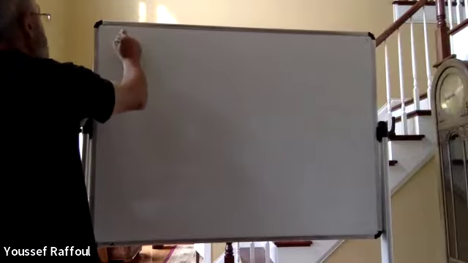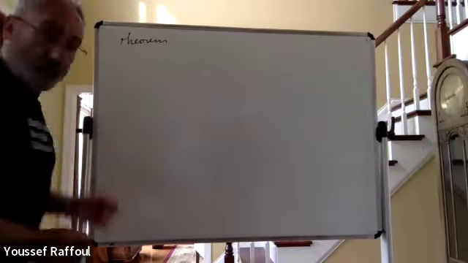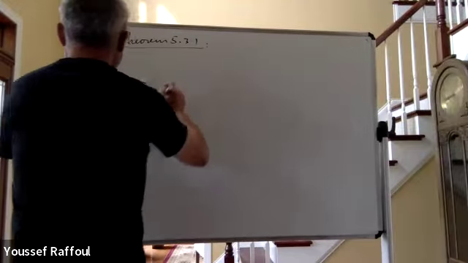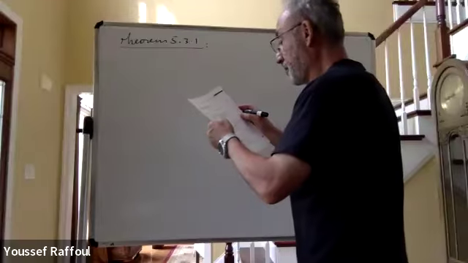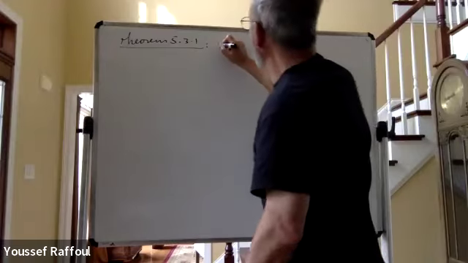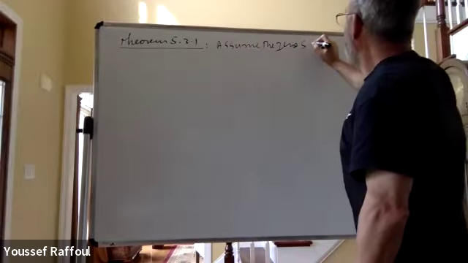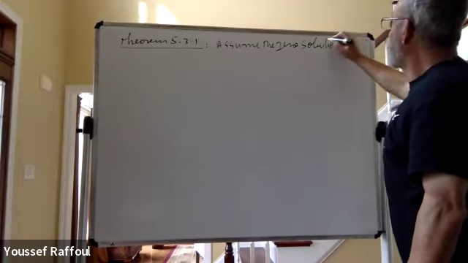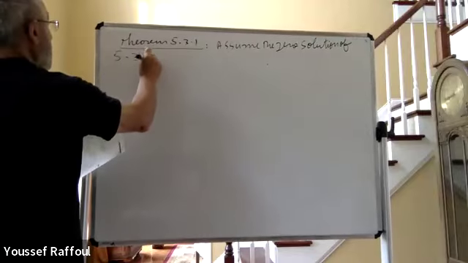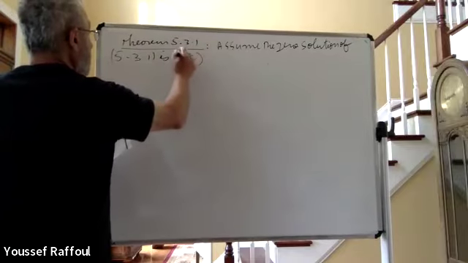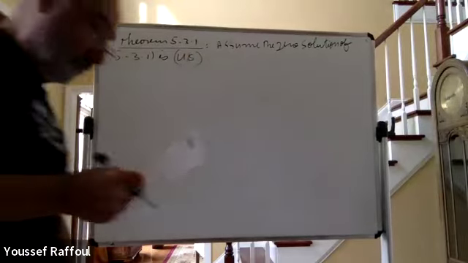All right. So this is theorem 5.3.1. It says, assume the zero solution of 5.3.1 is uniformly stable. Okay.